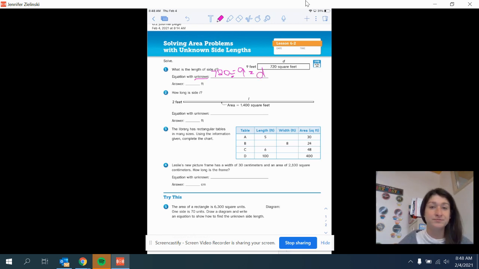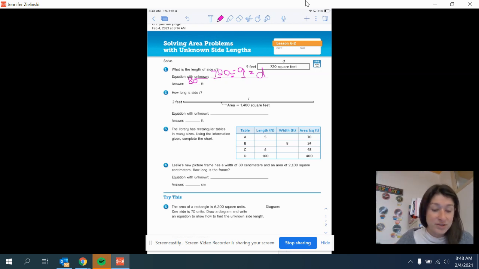They give you that letter. And so thinking about your basic facts, well, 72 and 9. If I know 72 divided by 9, that gets me 8. And I have a 0, so I need to make sure that I have 80 feet.